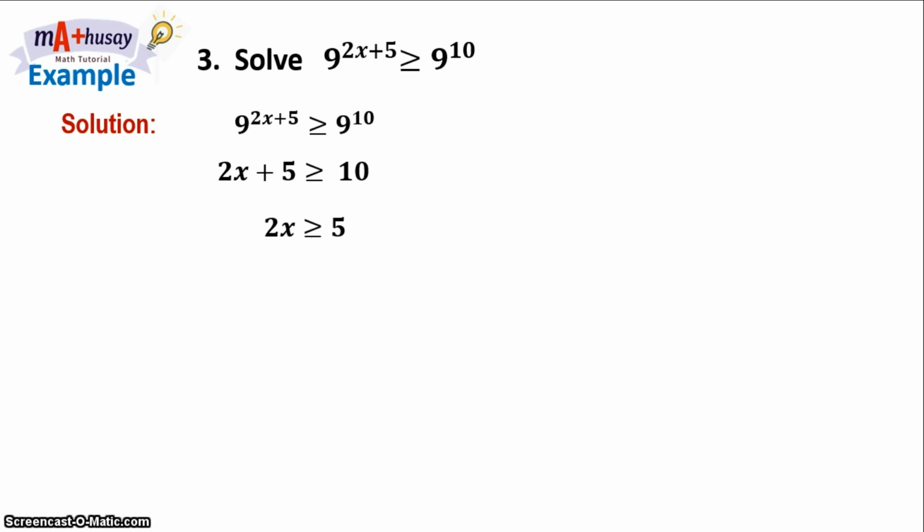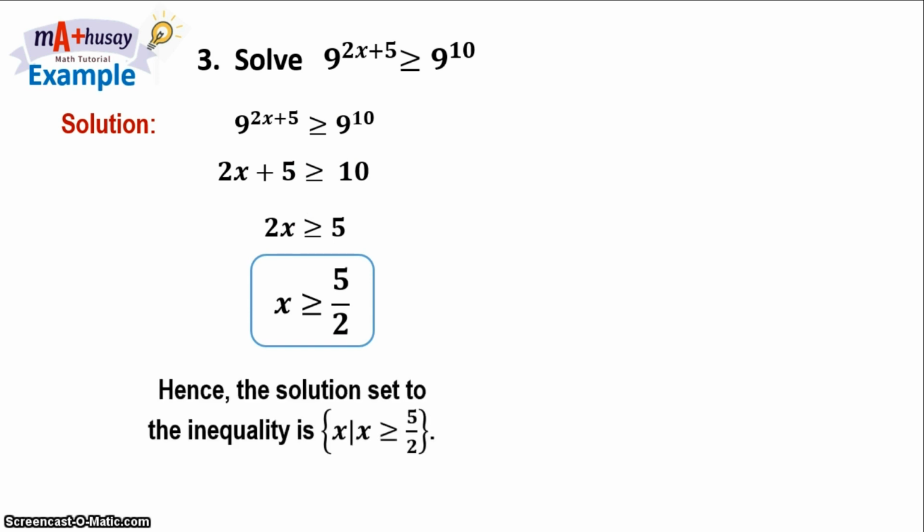Dahil positive 2 ang ating i-divide sa both sides of the inequality, hindi magbabago yung ating inequality symbol. So the value of x will be x must be greater than or equal to 5 over 2. Hence, the solution set to the inequality is the set of all x values such that x must be greater than or equal to 5 over 2.